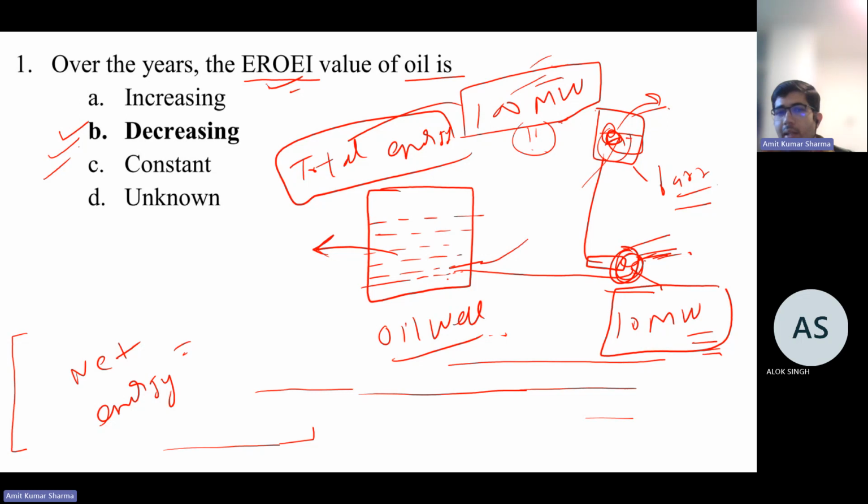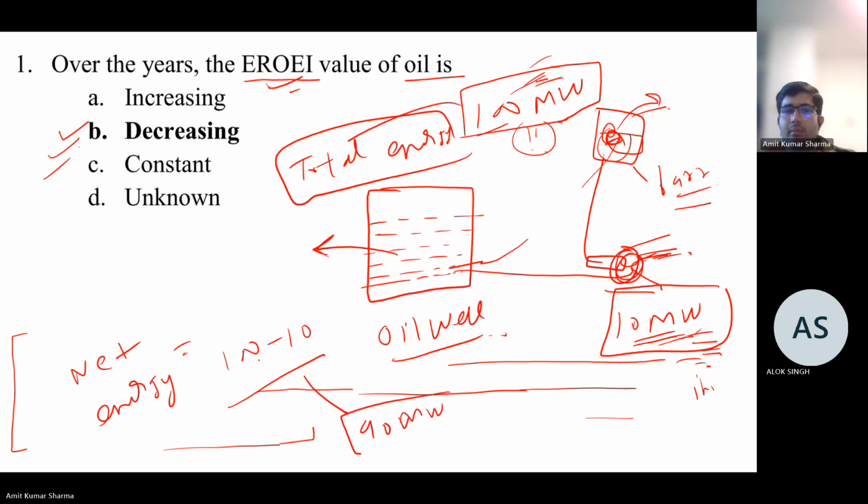So this 10 megawatt is gone and you get 100 megawatt. This 100 is the total energy, and this is the spent energy, the input energy, like input work. So the net energy will be 100 minus 10. You have only 90 megawatt of energy. This is the net available energy.